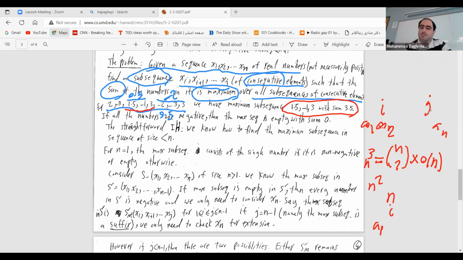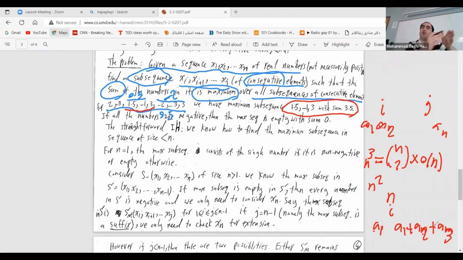How can I do it a bit more efficiently? I can just compute A1. Then I don't fix J. I say, okay, this is the first, A1. Then I compute A1 plus A2. Then A1 plus A2 plus A3, and so on and so forth.